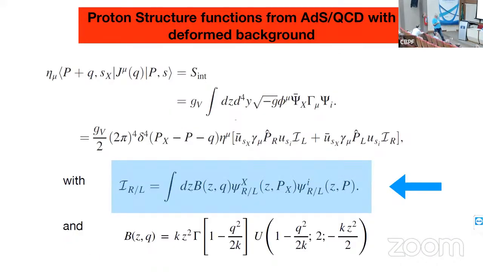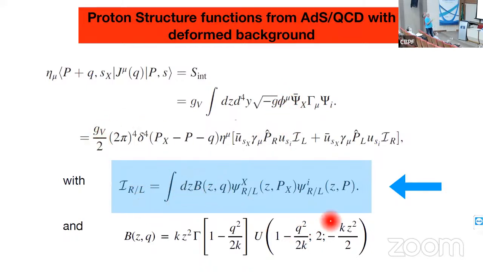And then we want to calculate this current J as an interaction between the 2 states, the final and the initial state of the hadron, and phi mu here is the electromagnetic field.